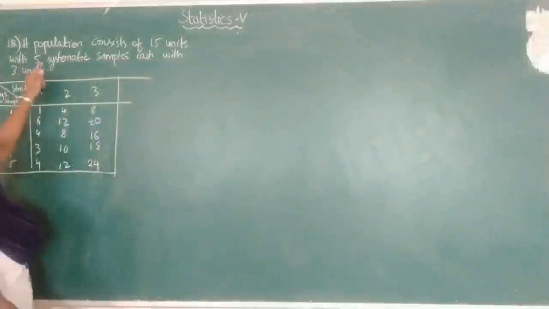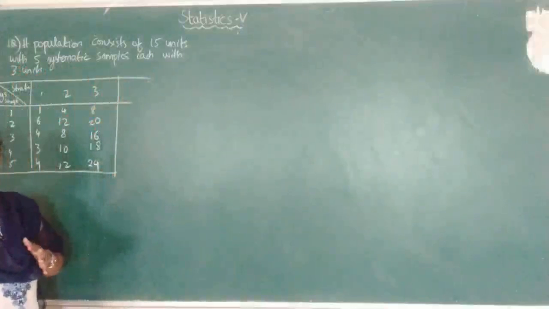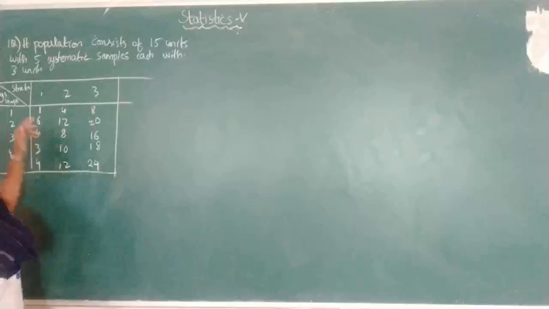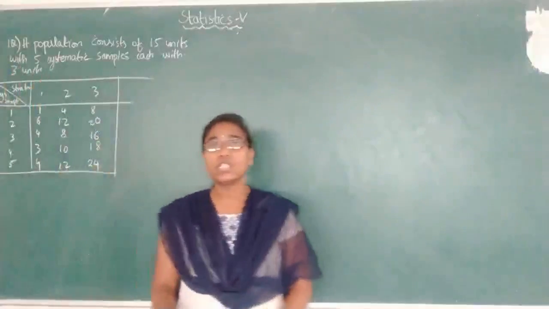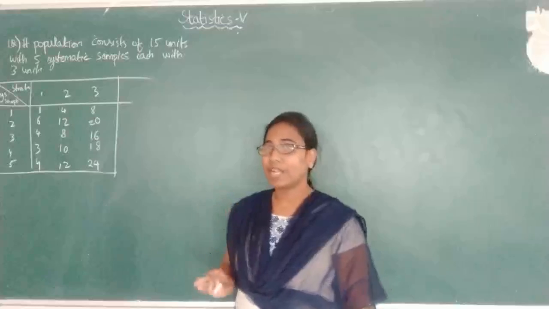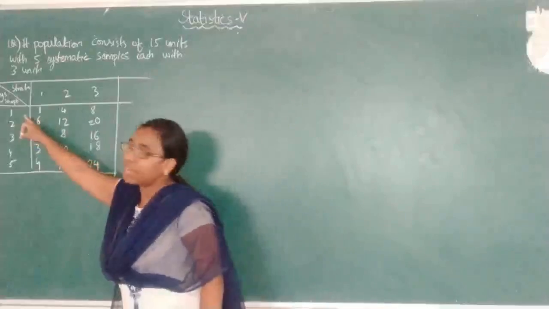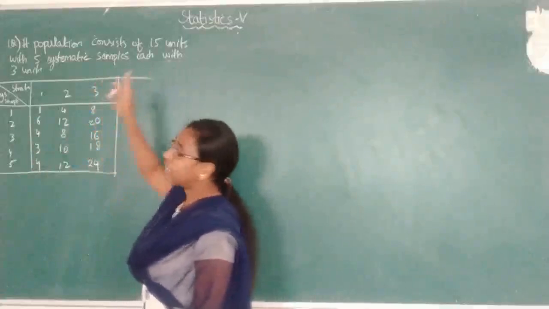Coming to the question, a population consists of 15 units, with 5 systematic samples. In the notations also we have seen that we will be having k systematic samples. Here there are 5 systematic samples, each with 3 units.